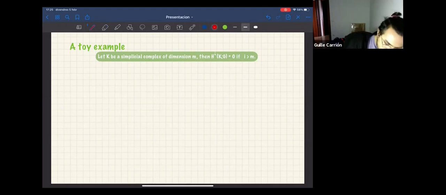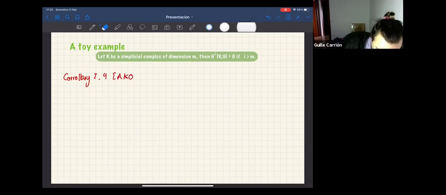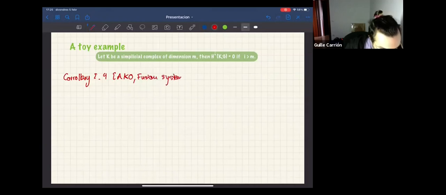First, we need a corollary, Corollary 5.4 of Aschbacher-Kessar-Oliver, Fusion Systems in Algebra and Topology.